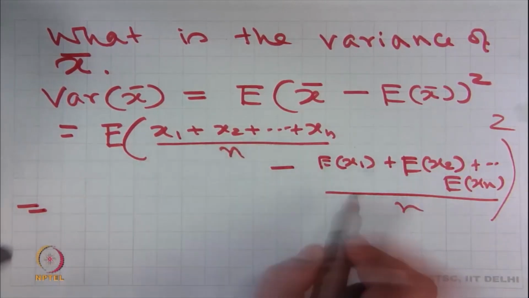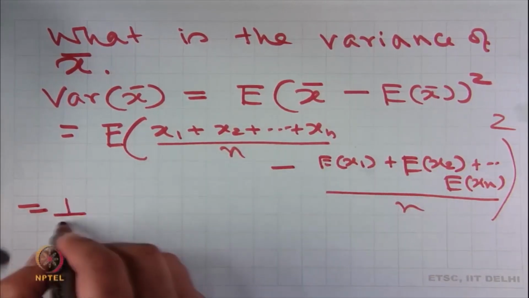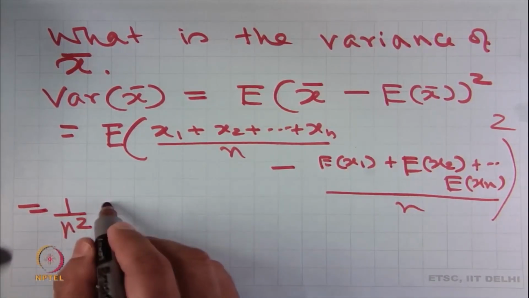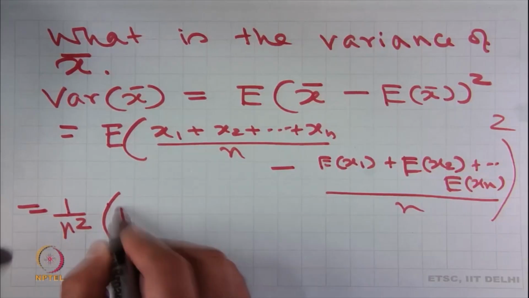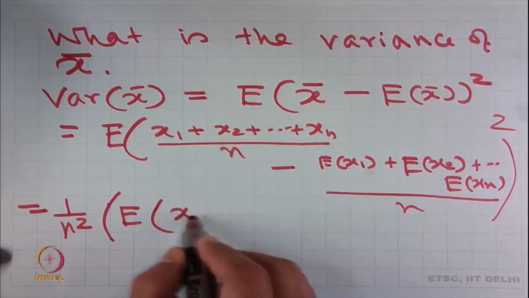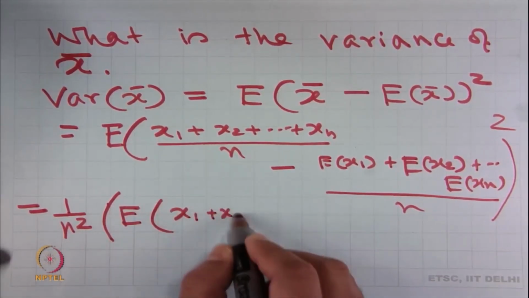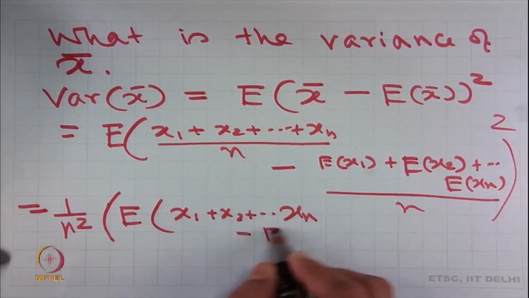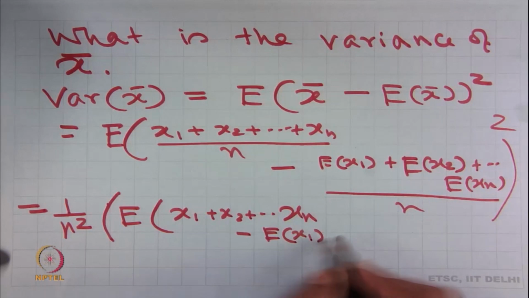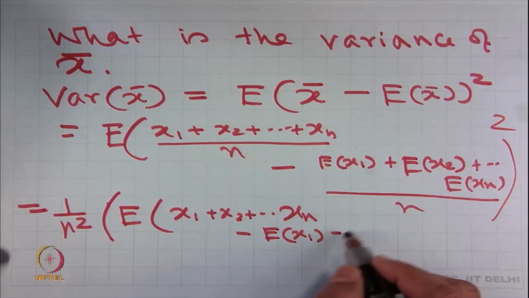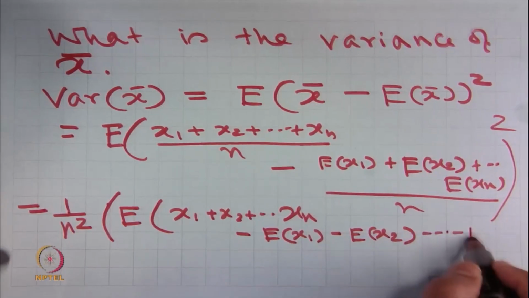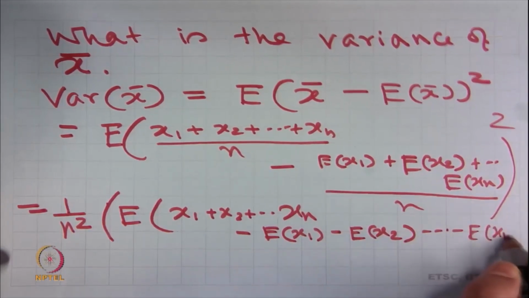Now, 1 by n we can take out as common. So, it is 1 by n square into expected value of x1 plus x2 plus xn minus expected value of x1 minus expected value of x2 minus expected value of xn whole square.